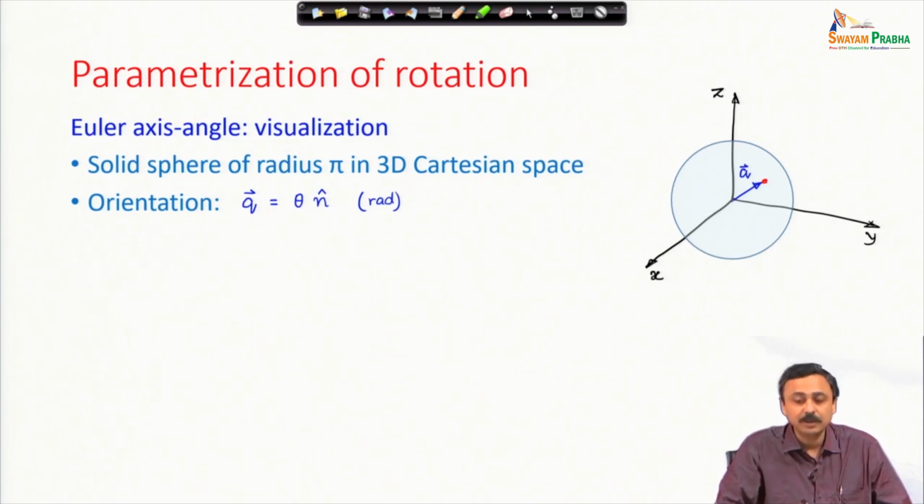Therefore, orientation will be represented by this vector q, whose magnitude is the rotation angle in radian, and the direction is that n cap, the axis of rotation.